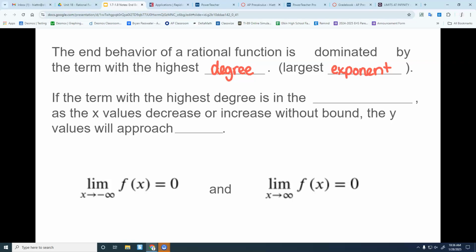So the first thing you want to look at is if the term with the highest degree is in the blank, as the x values decrease or increase without bound, the y values will approach blank. Okay, yeah. In the denominator. Okay, so if your highest degree is in the denominator, your y values will approach 0.